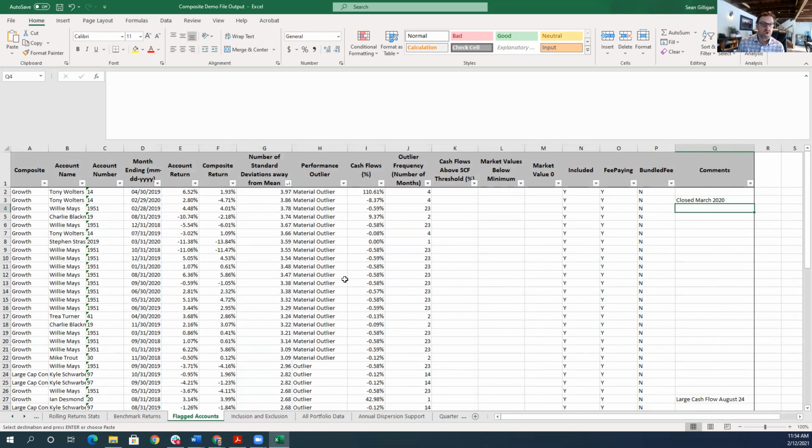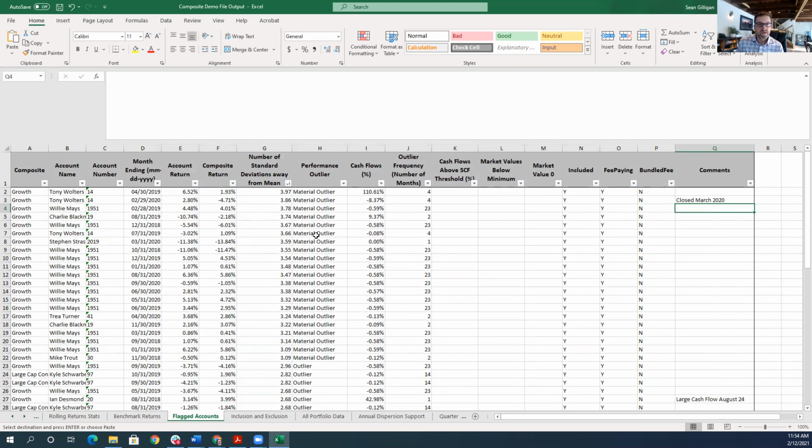If there's a different situation where maybe the restriction was added and then removed later, we would need to know exactly when it was added and exactly when it was removed, so we can follow the composite rules to make sure it's included for the correct time period and excluded for the restricted time period.